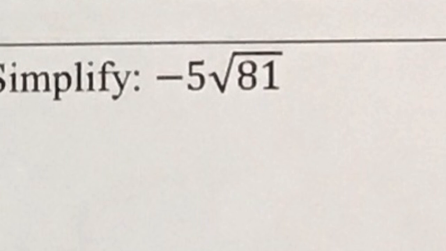Okay, negative 5 times whatever the square root of 81 is. So once again, what number times itself is 81? That's our question. And these ones are getting larger, so it might be less obvious.